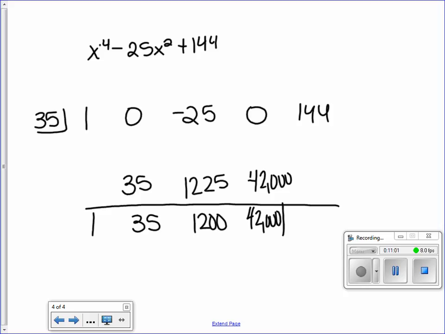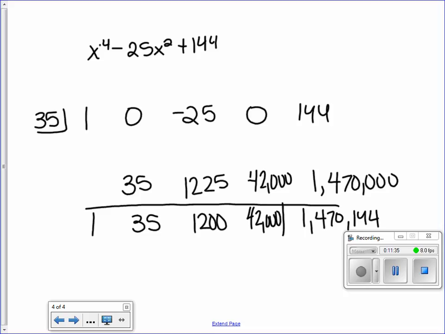And then 35 times over 2,000, 1,470,000. So I'm going to say that's what happens when I put 35 into that problem. Yep, that's what I got.